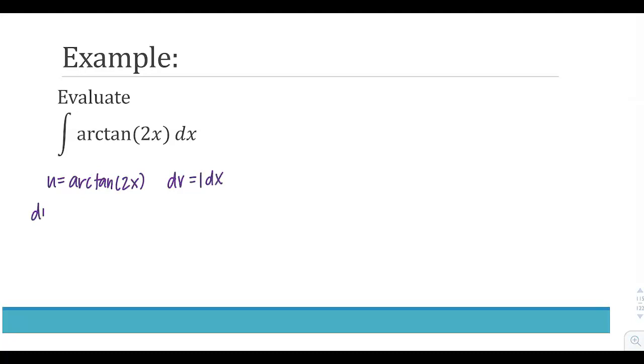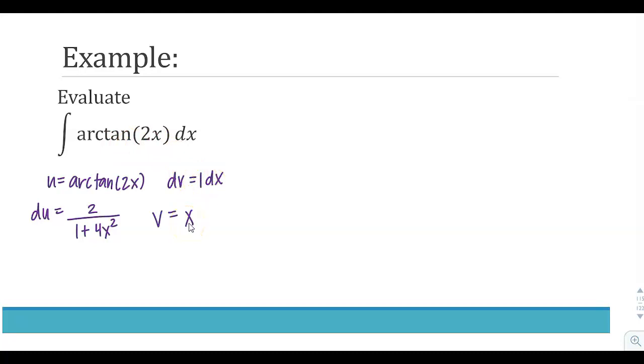So the derivative du of arctangent 2x, this requires a chain rule, is going to be 2 over 1 plus 4x squared. And then my v is going to be just x. The antiderivative of 1 is just x.